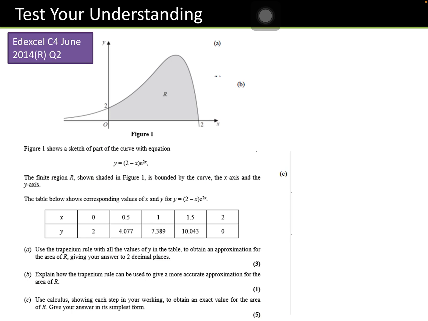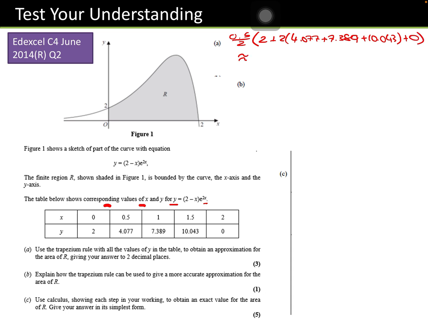Okay, so part A, use the trapezium rule to obtain an approximation for R. So we have 1, 2, 3, 4 strips, so our gaps are 0.5. So we will go 0.5 over 2, lots of 2 plus 2 lots of 4.077 plus 7.389 plus 10.043 plus a 0.